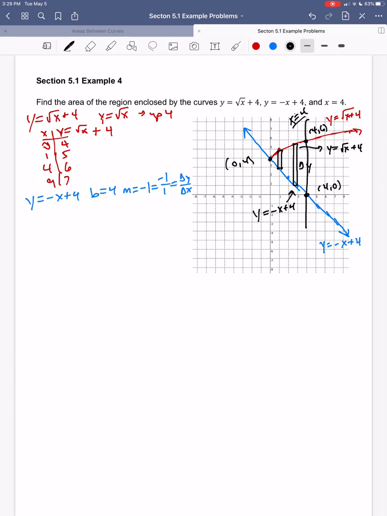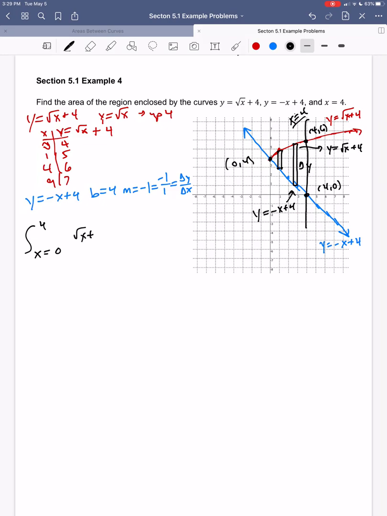So to find this area, we want to march these rectangles across this region. My x-coordinates then start here at x equals 0. They end here at x equals 4. To find the area of one rectangle, I would take the top minus the bottom. The top is the y-coordinate. So I get square root of x plus 4.